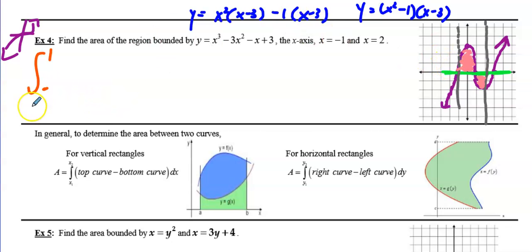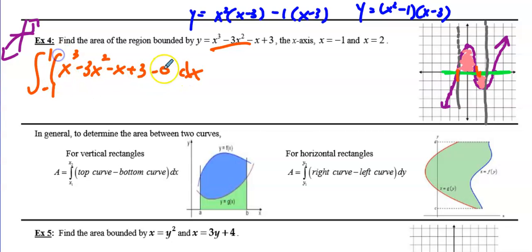So from -1 to +1, my top function is x cubed minus 3x squared minus x plus 3, minus 0. So top minus bottom. And then I'm going to add from 1 to 2. So from 1 to 2, it's going to be 0 minus this top function.